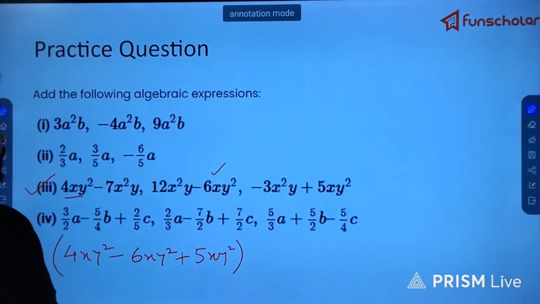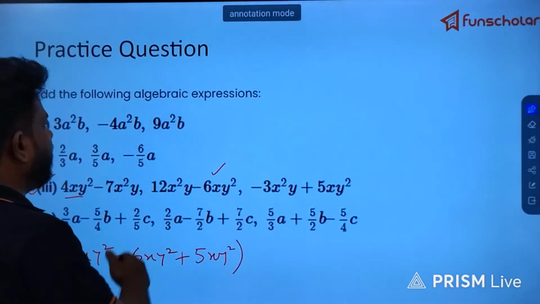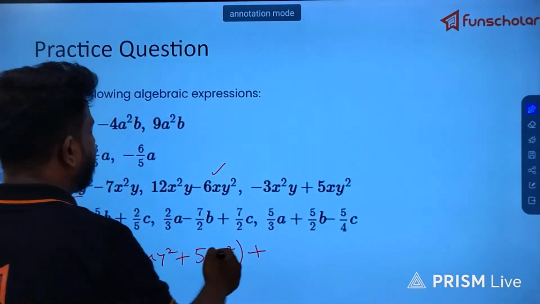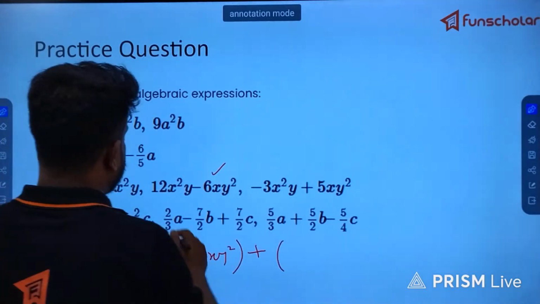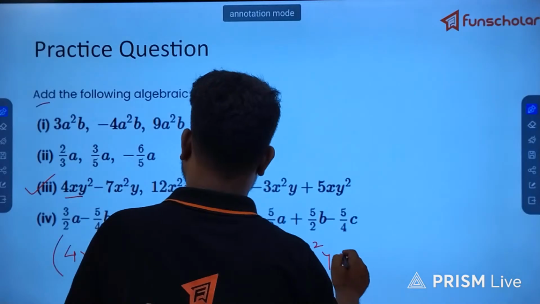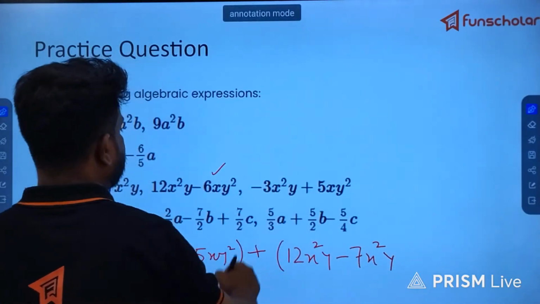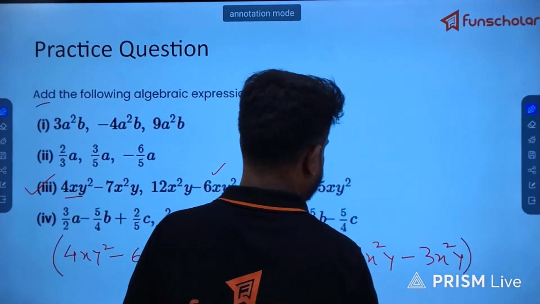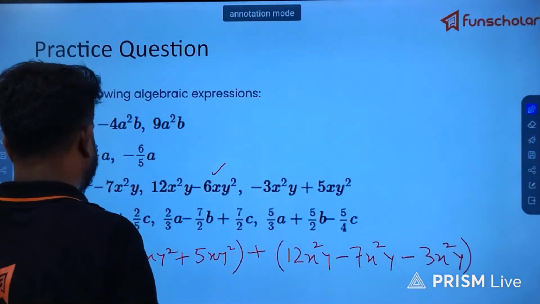So we have combined all the like terms in one bracket, and here we have been told to add them. Then we will be combining the other like terms as well, like 12x square y minus 7x square y and then minus 3x square y. Okay, and then we will be adding all of them.